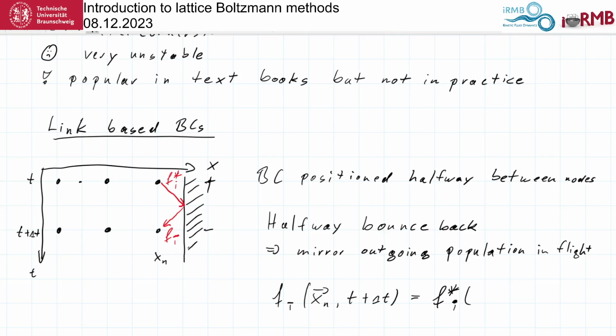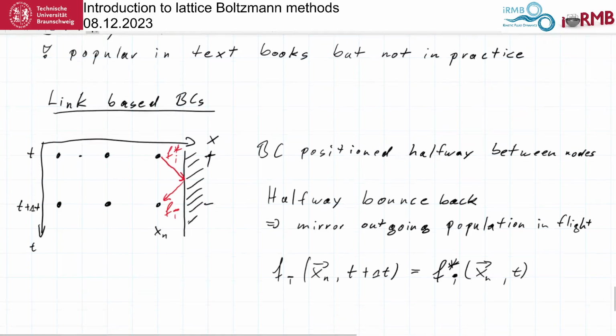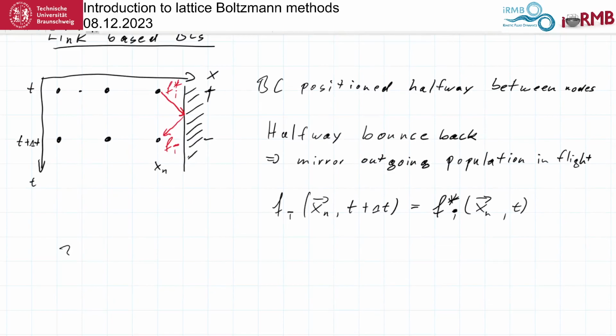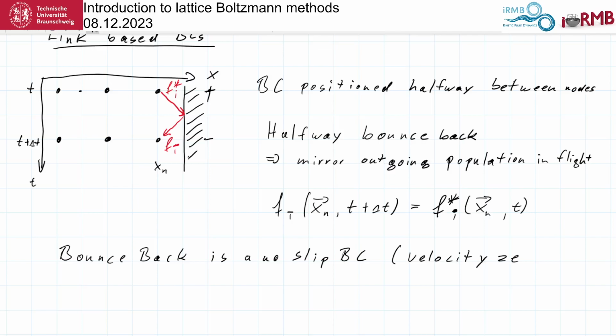So this is f_{i-bar}, and this is f_i, the opposite direction, the same location and the previous time. So this way of putting a boundary condition we call bounce back, and this is a no-slip boundary condition. So this means that the velocity equals 0, no penetration and no slip.